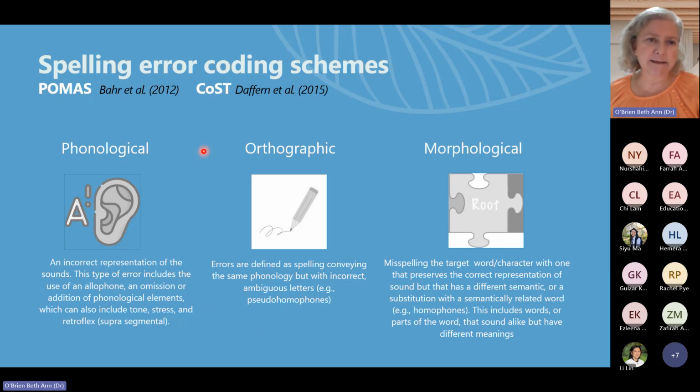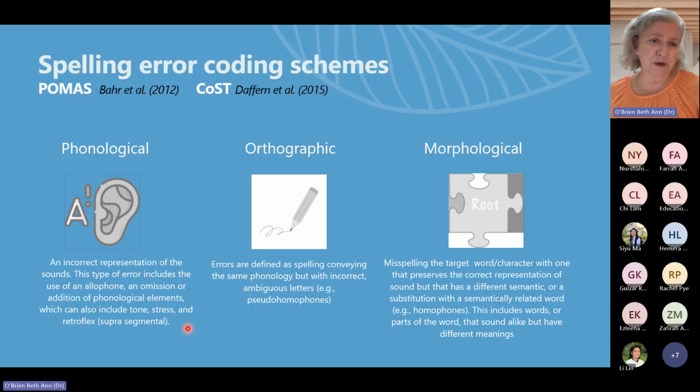So according to these schemes, the types of errors that would be considered phonological would be any spelling of a word that incorrectly represents the sounds. So this could include the use of an allophone, something that sounds similar, but it's not exactly the right sound. It could also be where the child might omit or add letters or phonological elements.